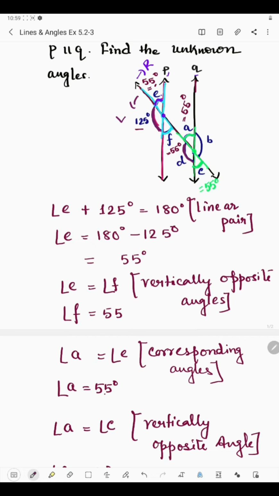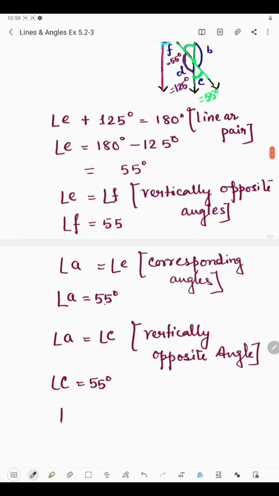If this angle is 125 degrees, then angle D will also be 125 degrees. So we'll write angle D is equal to 125 degrees, as these are corresponding angles.